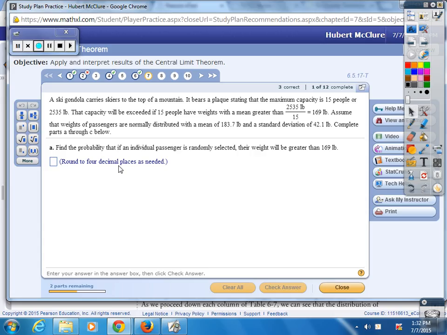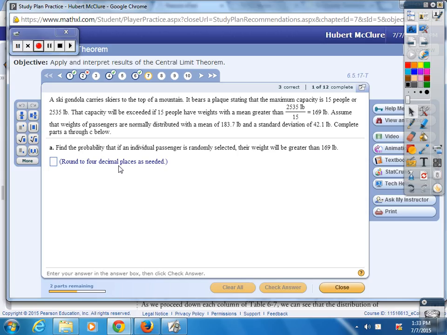It bears a plaque stating that the maximum capacity is 15 people or 35 pounds. That capacity will be exceeded if 15 people have weights with a mean greater than 169 pounds. Assume that the passengers are normally distributed, ding, ding, ding, with a mean of 183 and a standard deviation.